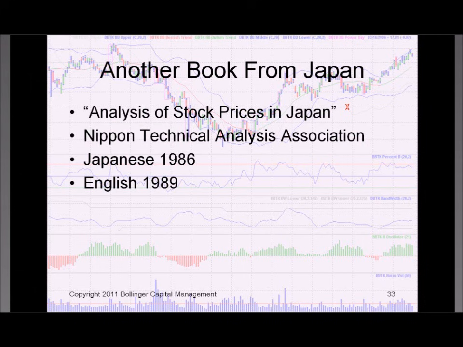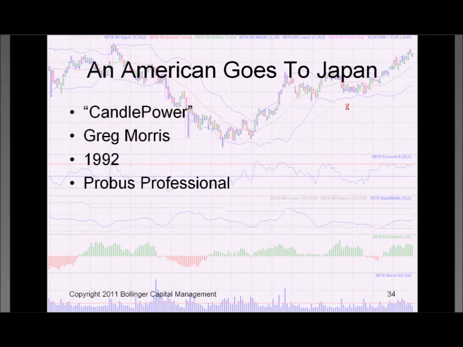So Greg actually took the step of moving to Japan for a while and studying with a Japanese candlestick master. And he published a book called Candle Power in 1992 by Probus Professional. Again, that's been out of print for a long time, but it's a very useful book, and you can find that used on the internet as well.